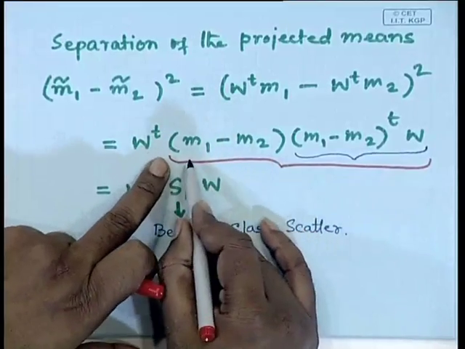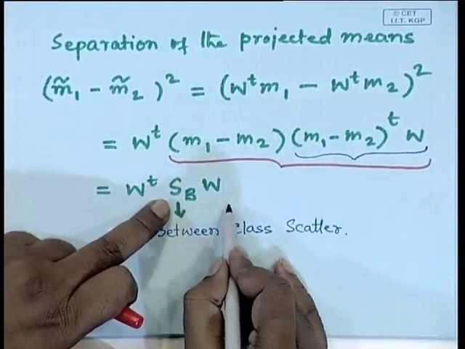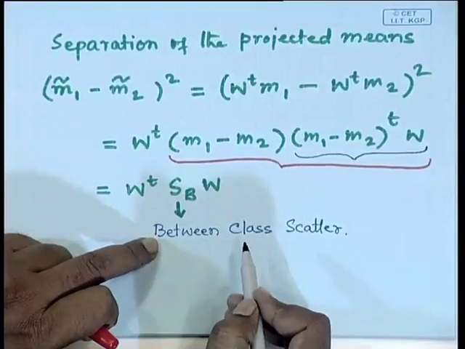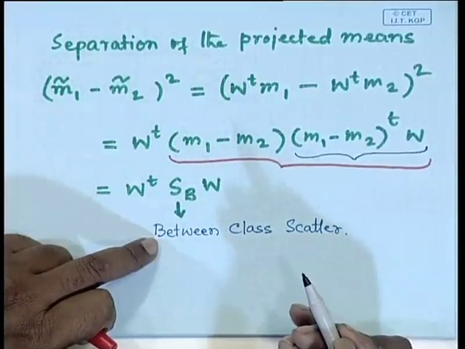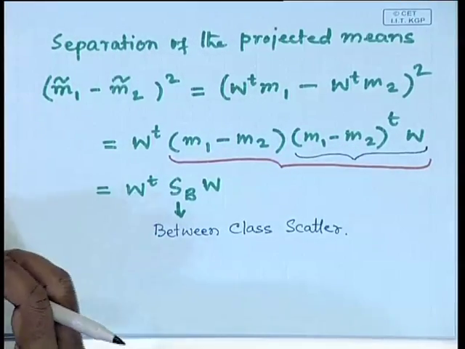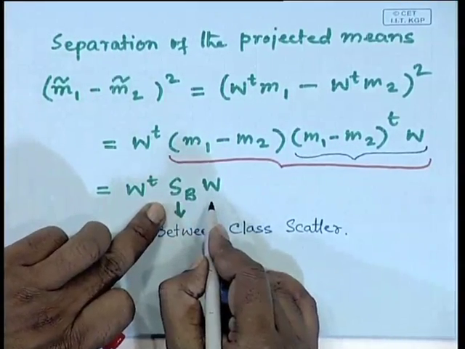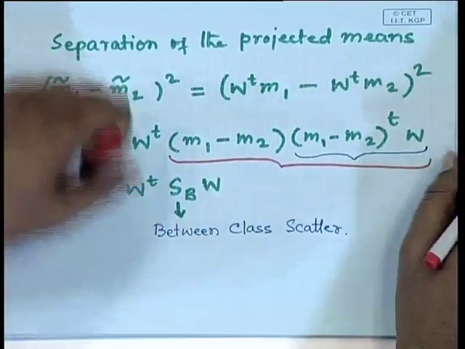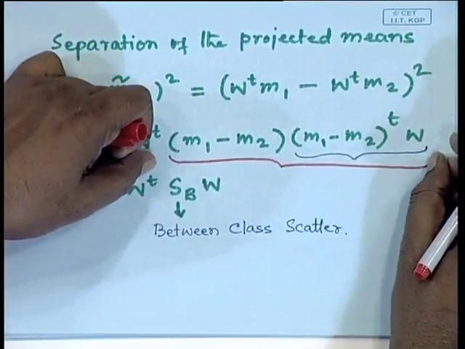So, when I am writing this as S B W, S B W will be a vector in the direction of M 1 minus M 2, because S B W is nothing but this.